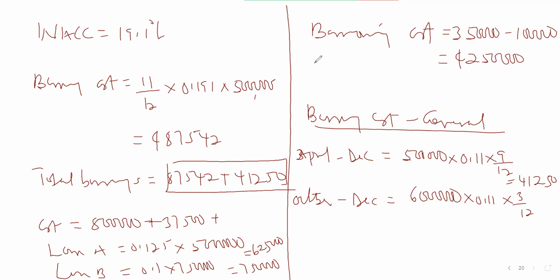So we have 0.11 times 6 million times 3 over 12. I'm getting 165,000 over here. So my total borrowing cost will be the specific one, 250,000 plus 41,250 plus 165,000. All right, that is it.